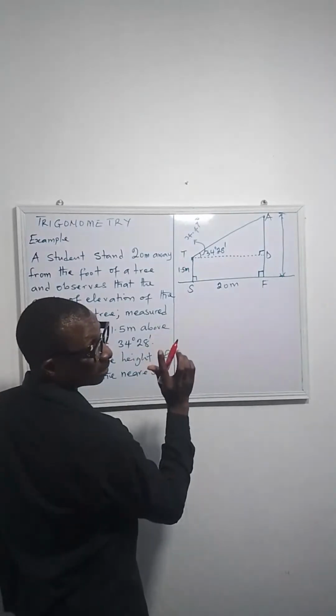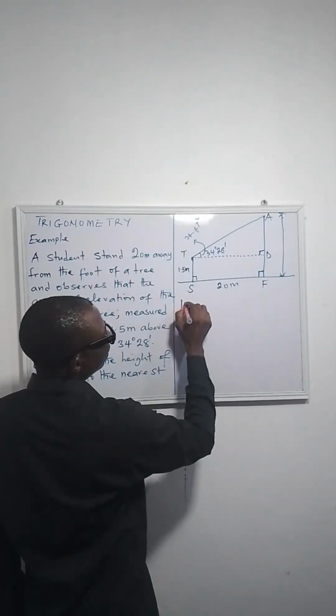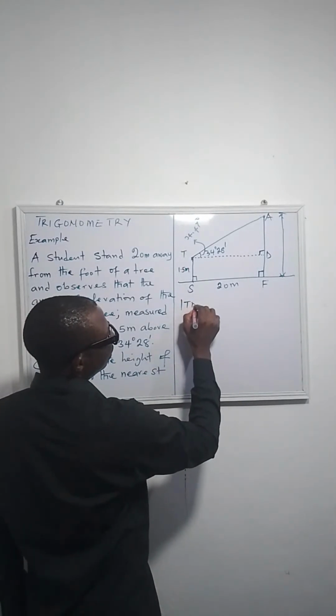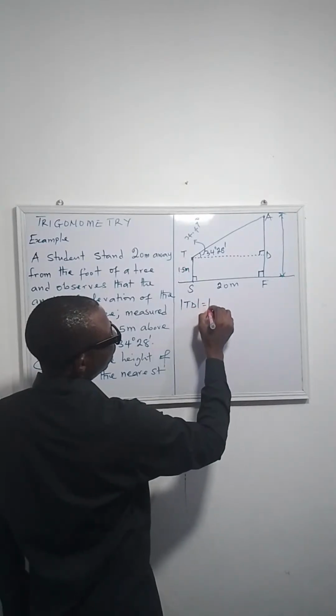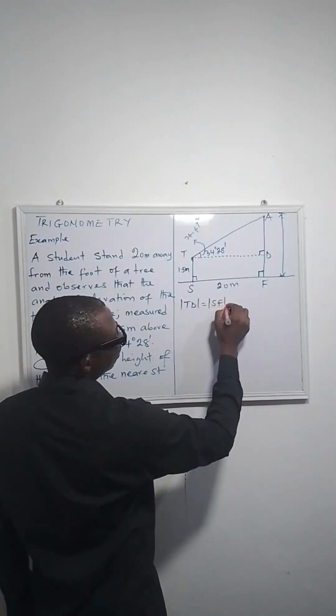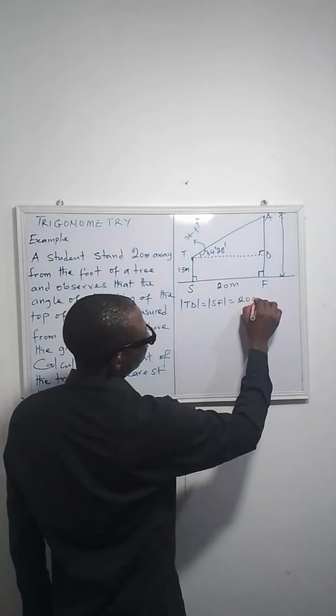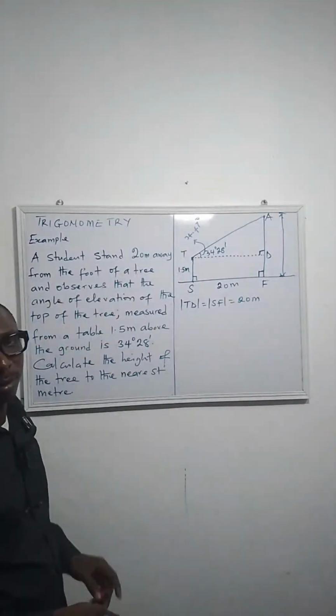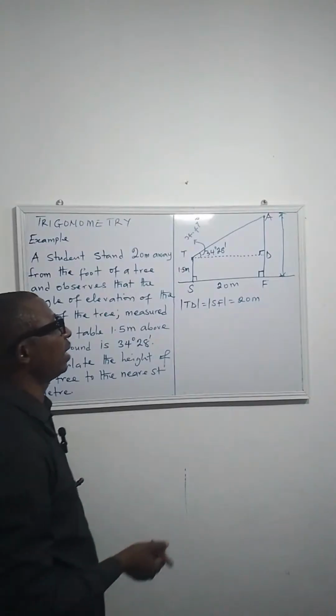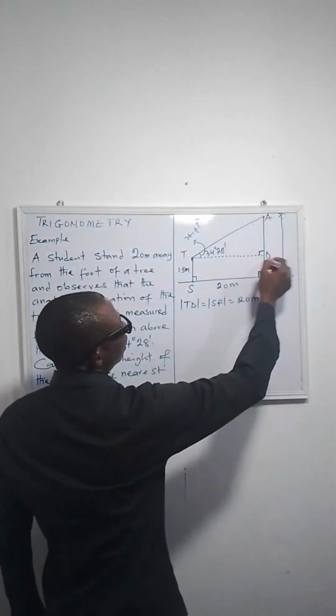So it implies that length TD is equal to length SF, which is equal to 20 meters.